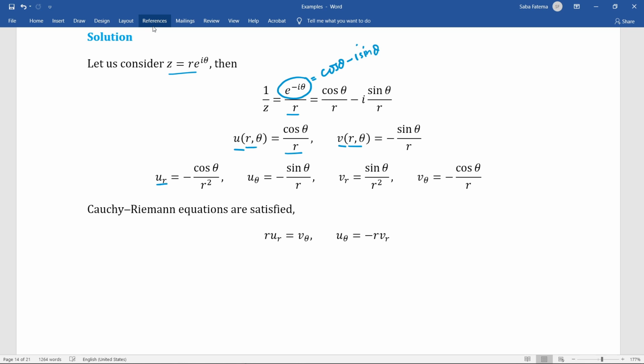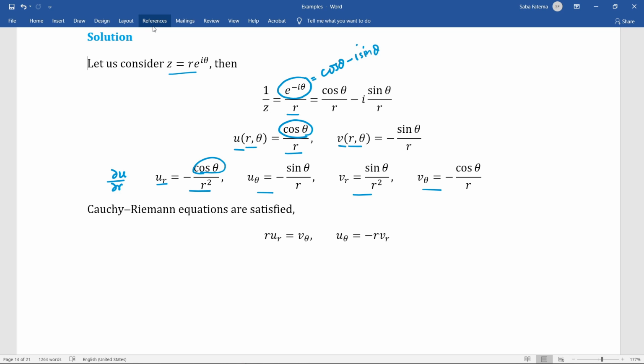u sub r, that is the partial derivative of u with respect to r, can be calculated as we are differentiating only 1 over r and keeping the cos theta as constant. So differentiating 1 over r provides negative of 1 over r squared and the cos theta is constant. Similar fashion will be followed for the other partial derivatives.